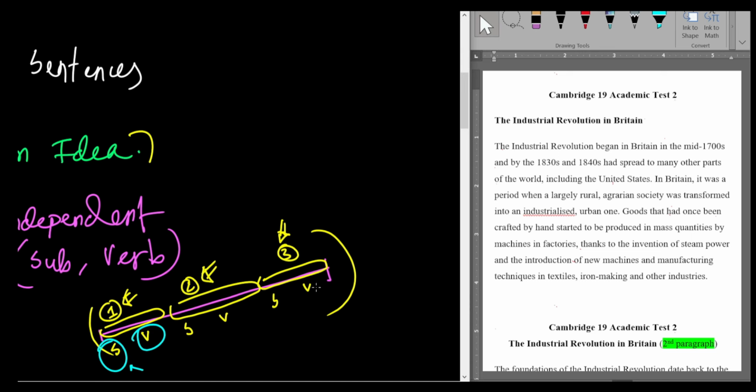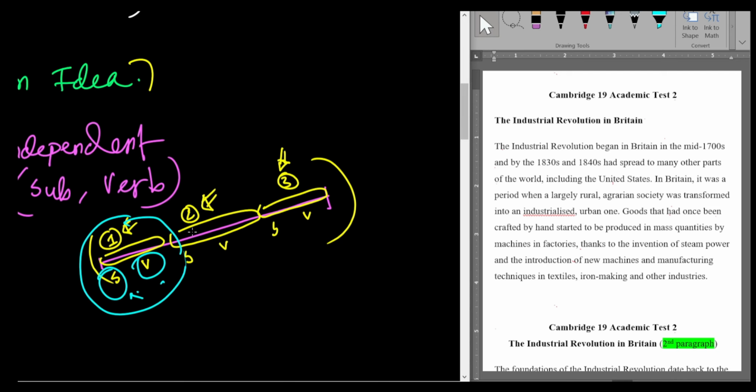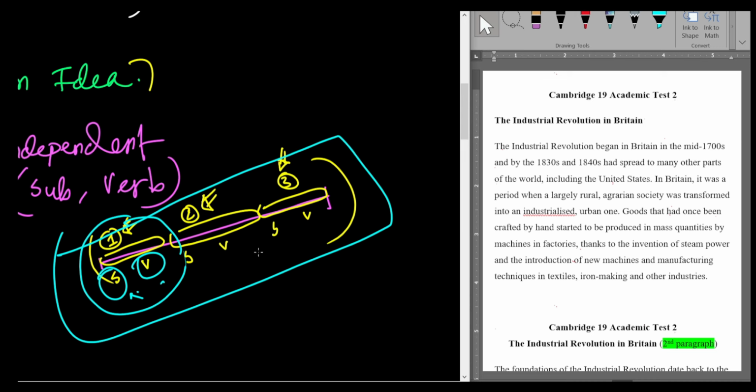There is no rule for where the main subject will be, but we will find our main subject and main verb, or our independent clause, and this independent clause will contain the main idea of a complex sentence. The main clause basically contains the main idea of the complex sentence.